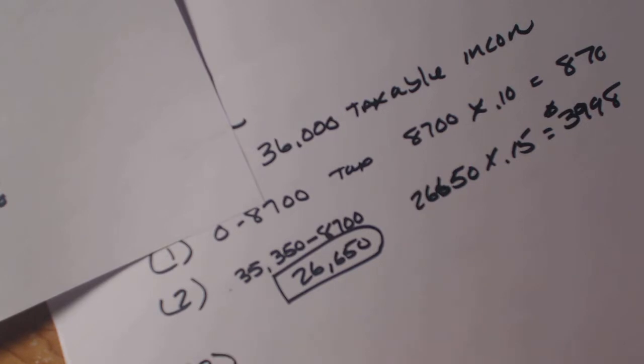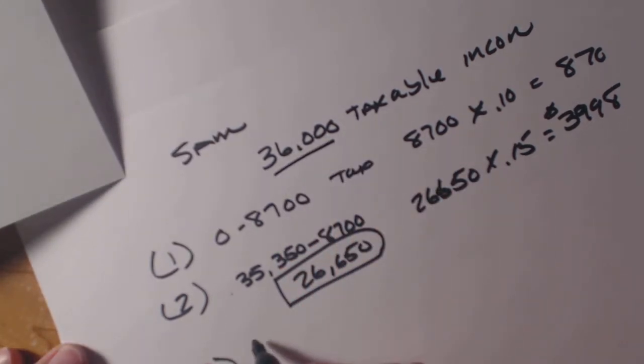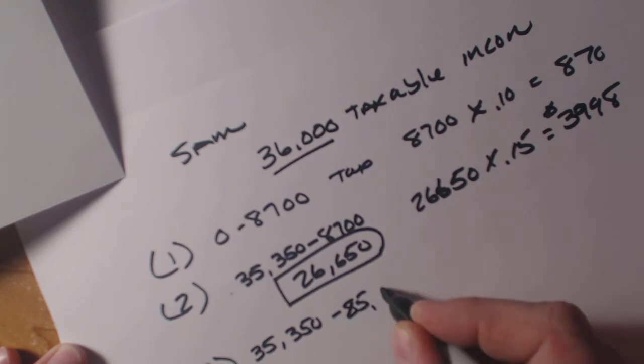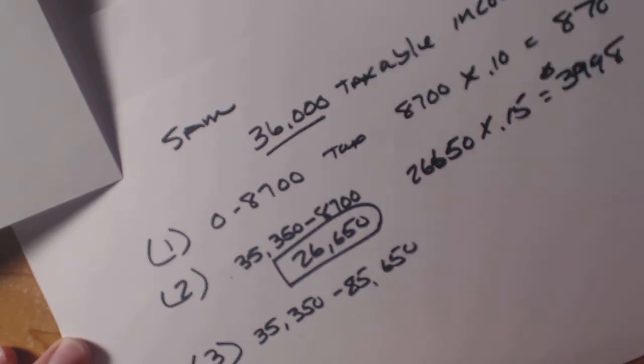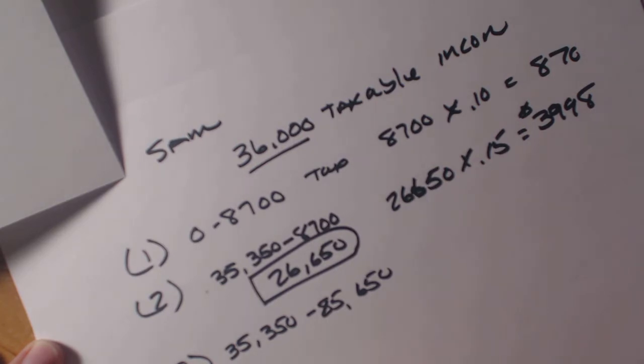Now, Sam makes $36,000. So the next category is $35,350 to $85,650. Now he only went to $36,000, so it's $35,350 to $36,000.